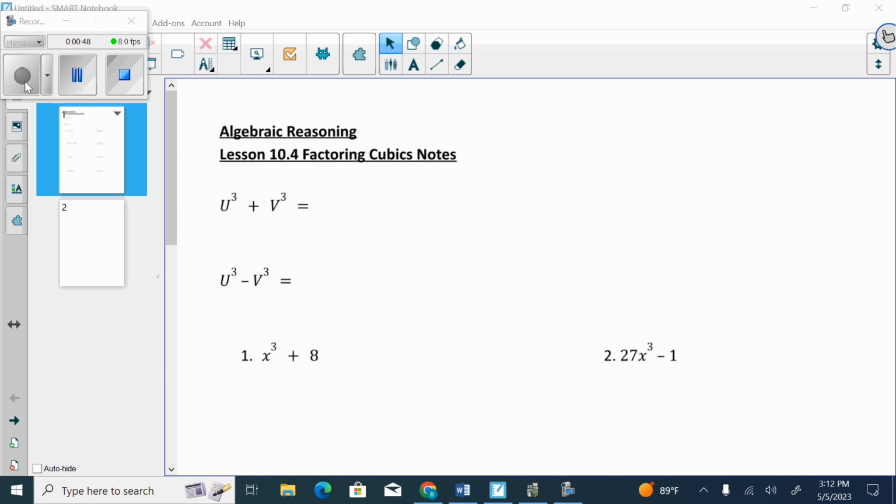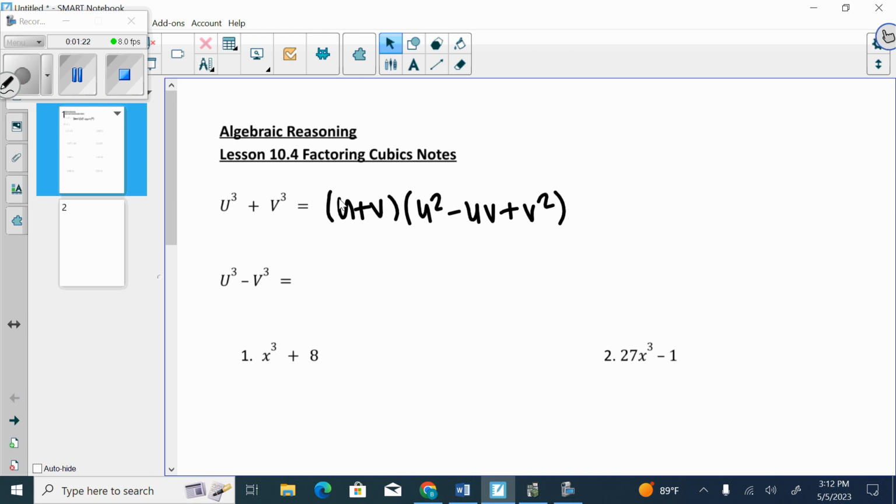So the formula, if we are adding, is u plus v in the first parenthesis, and then we're going to have u squared minus uv plus v squared. So if we have 2 terms being added together, this is the formula that we will use.